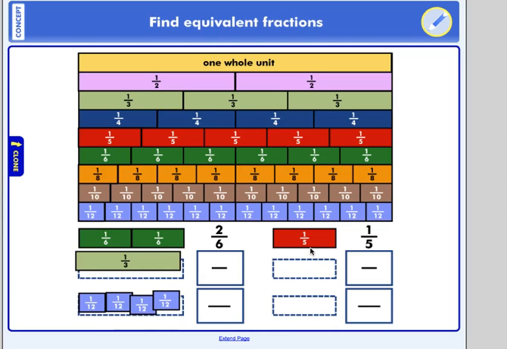Let's take a look at this one, 1/5. Let's go up here and find 1/5. Here's our line. What is equivalent to 1/5?